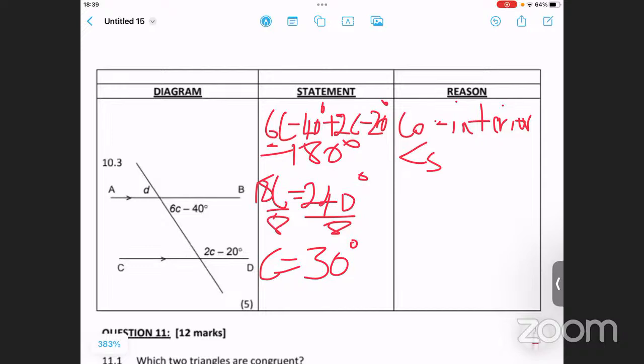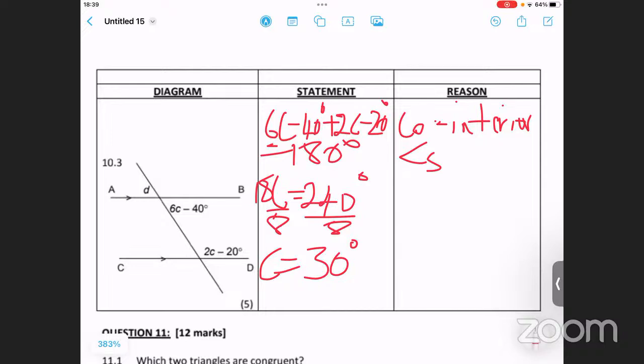Then, ma'am, what I did was, it says 6c minus 40 degrees. So I get 180 degrees minus 40 degrees, which then gives me 140 degrees.